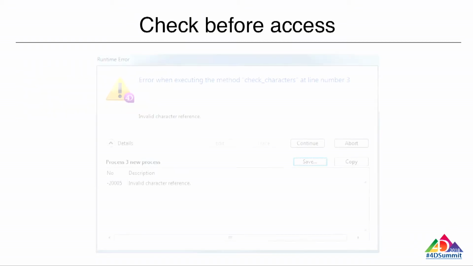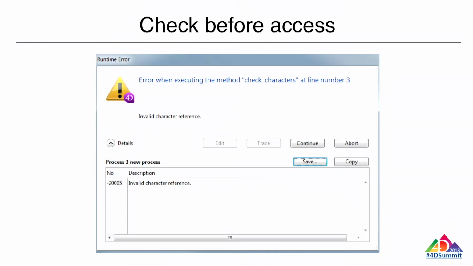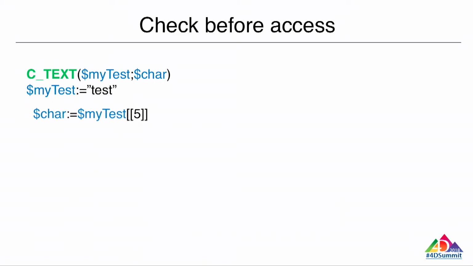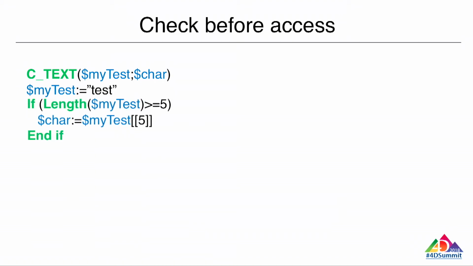What can actually happen is we can get an invalid character reference. This is a simple example. I mean, if you're getting data via serial, like you're expecting 255 characters, or you're trying to query something and you expect a certain number, this can actually happen. So for this, we could just use the length command to get the size before we run this code.